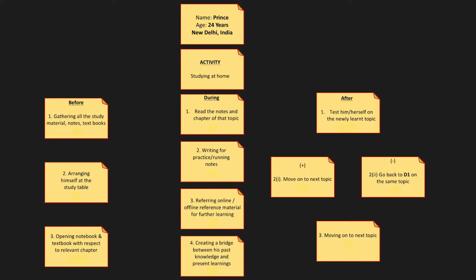Again, for this situation, we can go back to D1, because by moving on to the next topic, he's restarting the activity that we have already mapped. So we think this would be one cycle of the learning and studying activity Prince could be doing after going home.